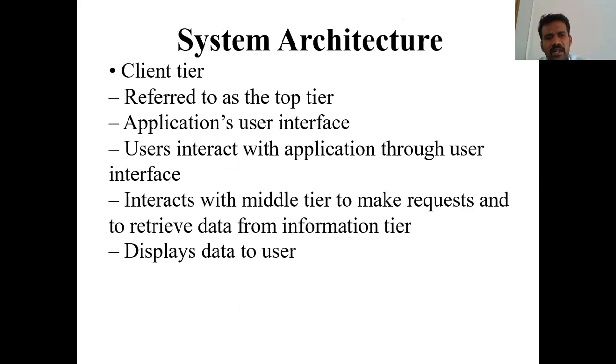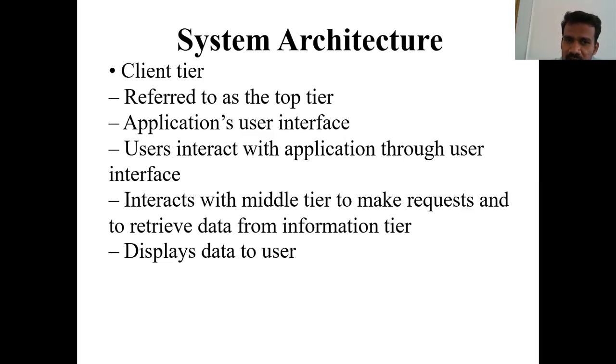So this is a system architecture. What does a client tier look for? As I said, client and server architecture. In that client and server architecture is the client tier. We have different tiers. The client is referred to as the top tier, which contains an application user interface.